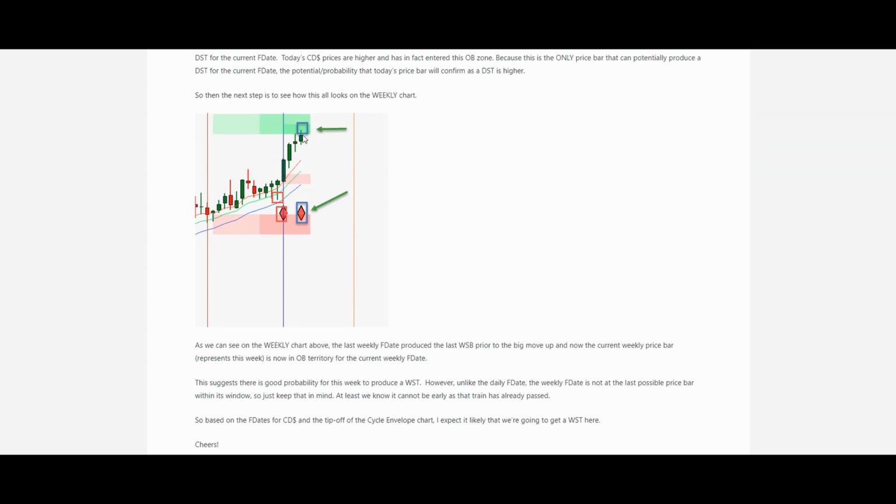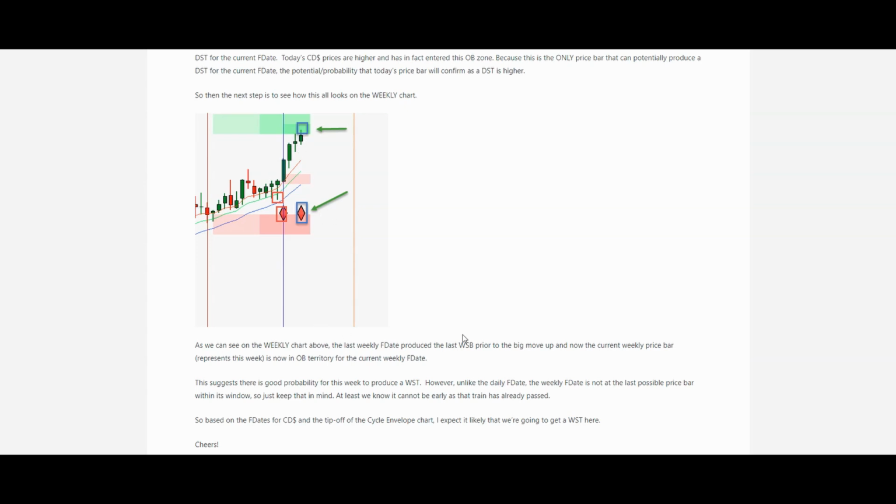Okay, so this price bar here is updated to yesterday, which is May 17th, but it represents this whole week. So it'll have a higher high because of today. Okay, but we are anticipating, because we have this other indication down here, that we can have a weekly swing top based off the high of this week.